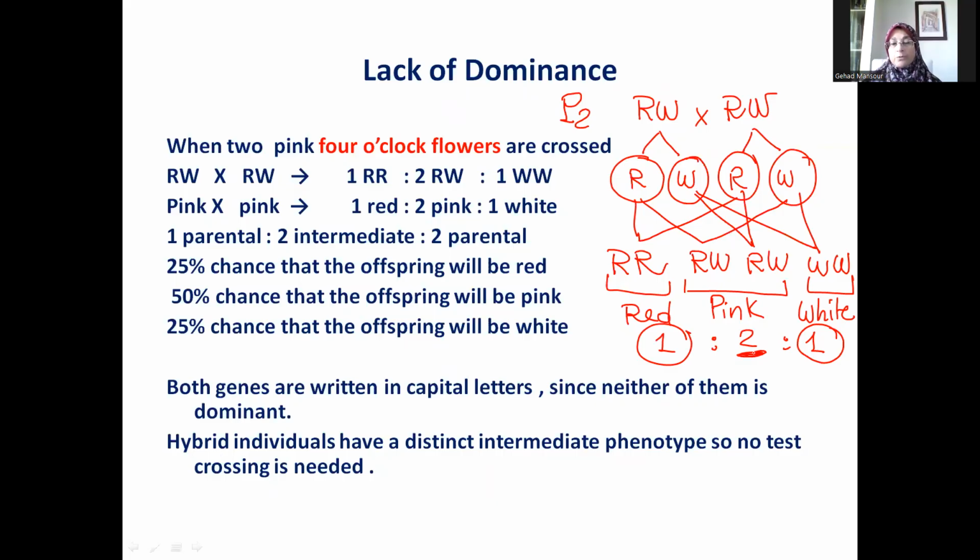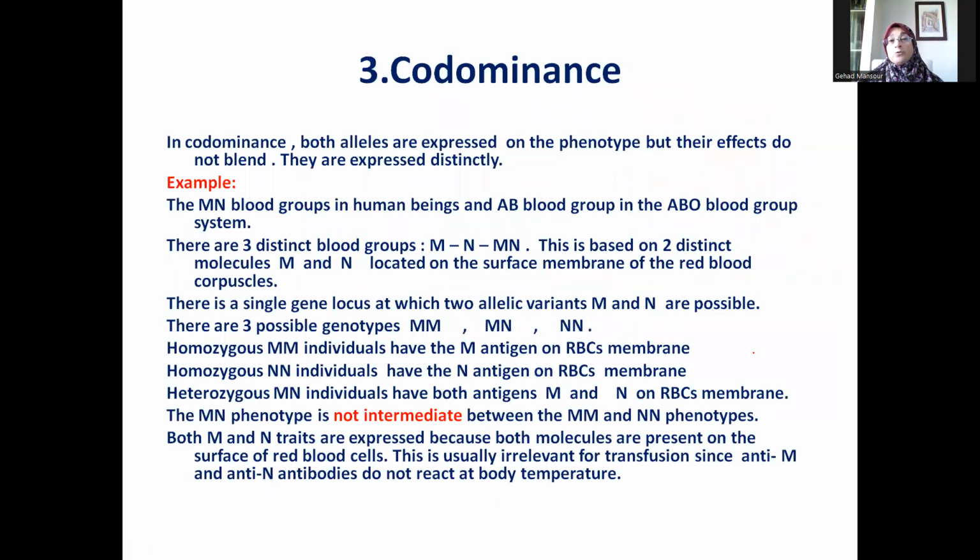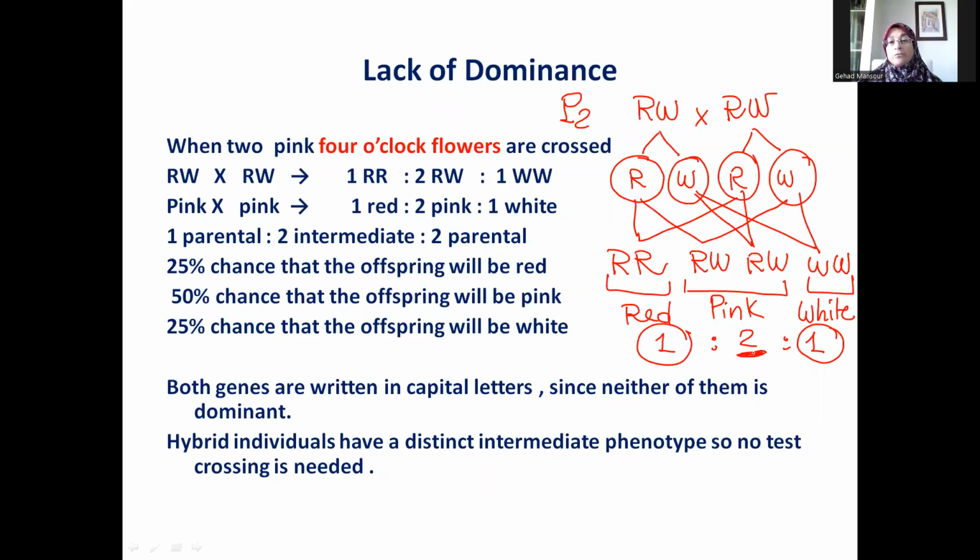or a blend between the two. Do we need a test cross in case of lack of dominance? No, we do not need a test cross. Why? Because when is a test cross needed? In complete dominance. If the condition was a case of complete dominance, then if you have a red flower, and this is how we write a hybrid individual, for example, a hybrid red flower in pea plant, this is the dominant allele, that is the recessive allele.